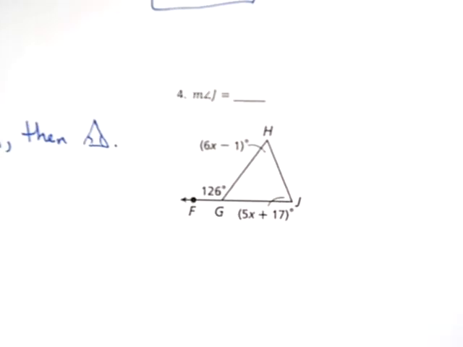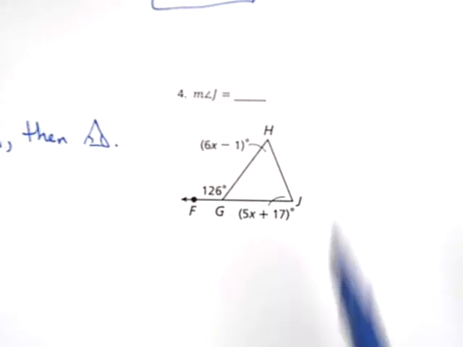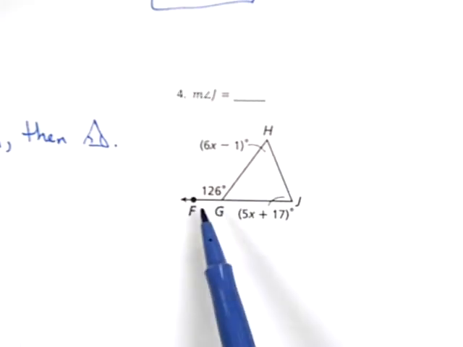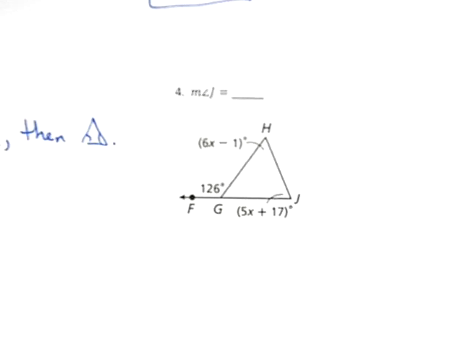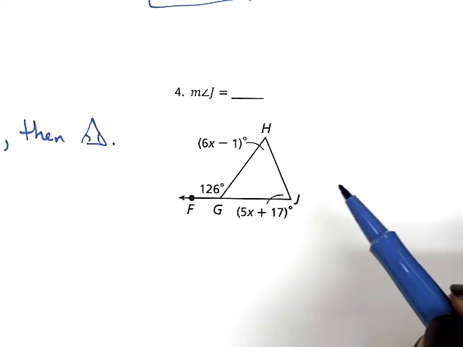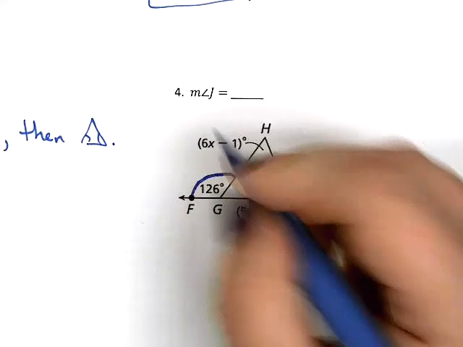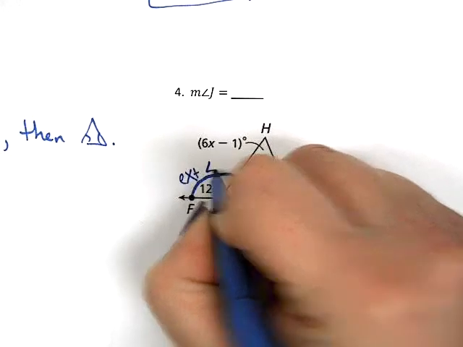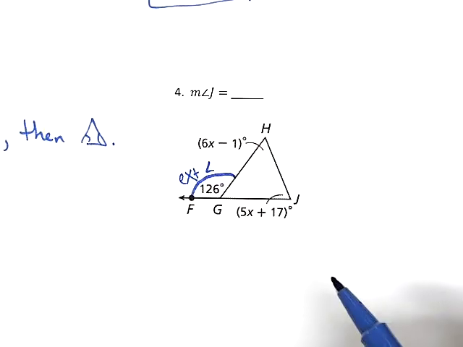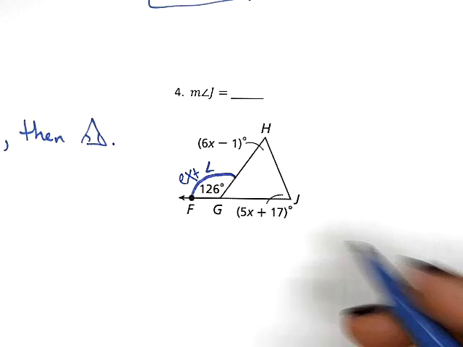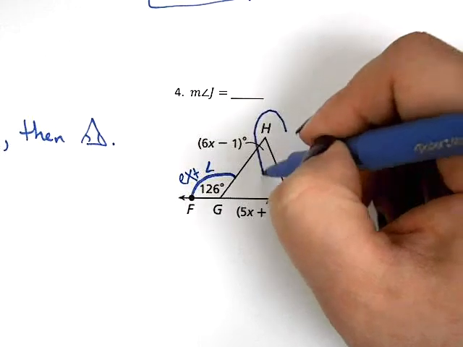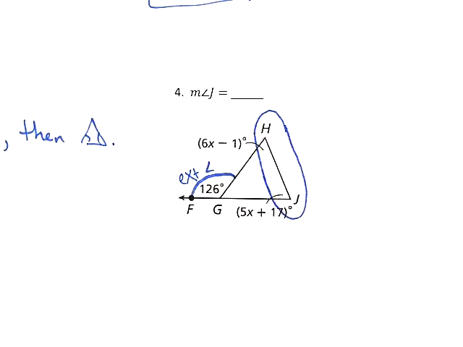That diagram alone should tell us we're doing something different because this side is extended. Okay, that means we're talking about an exterior angle. An exterior angle is equal to the sum of the remote interior angles, which means we have to first figure out where our exterior and remote interior angles are. Since this one's on the outside, that's my exterior angle, and it is going to be the sum of the remote interior angles, these two angles here.